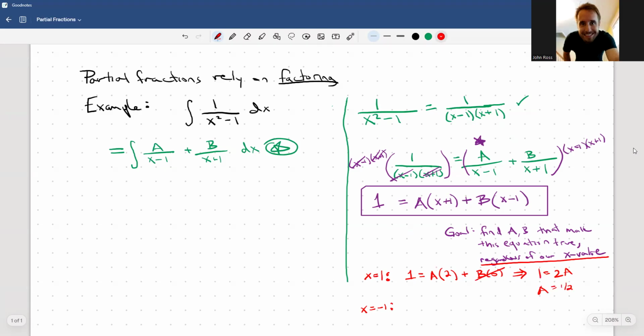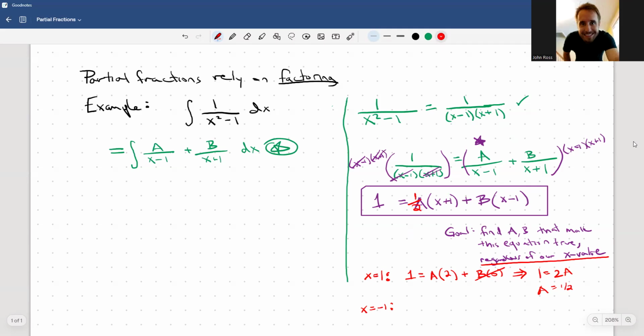To summarize, if the boxed equation holds true for every value of x, it must hold true for x equals 1. The only way it can hold true for x equals 1 is if a is equal to 1/2.